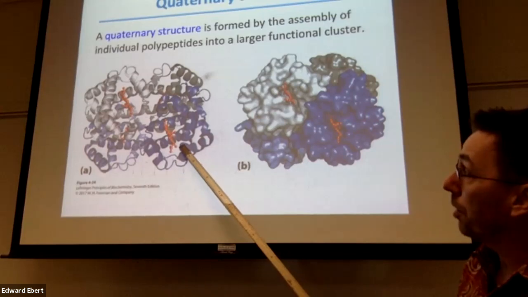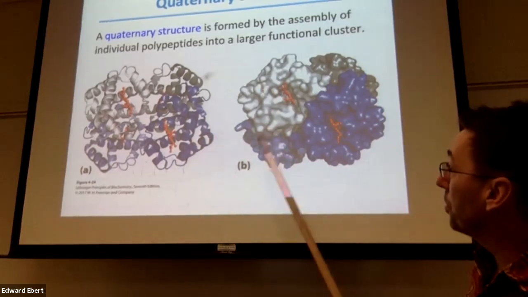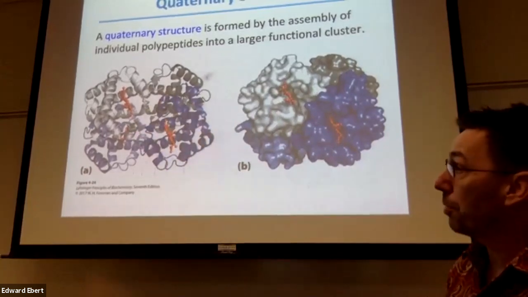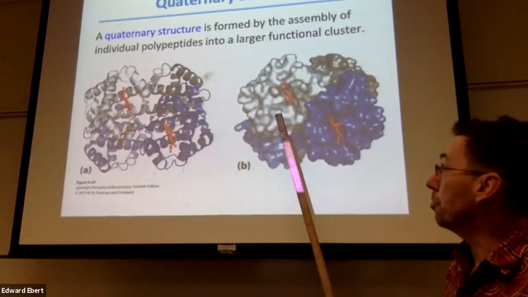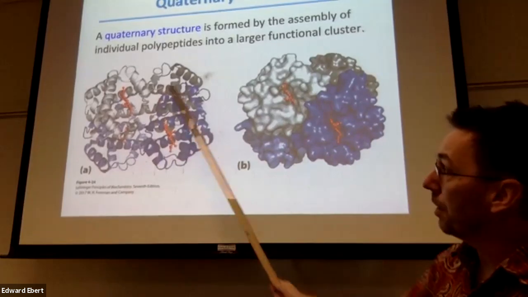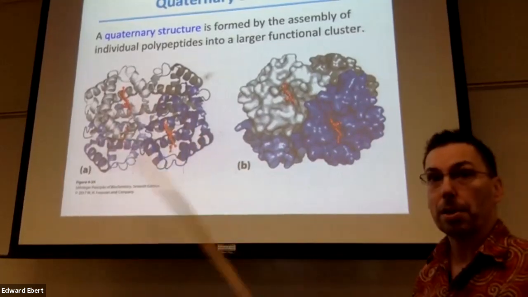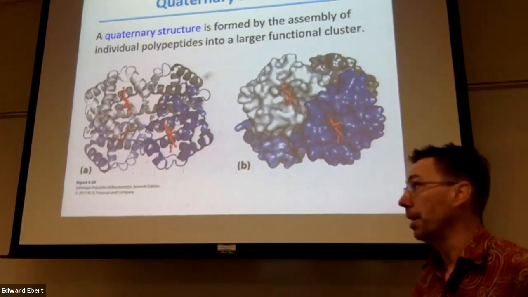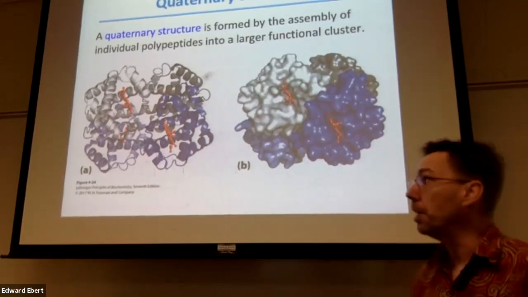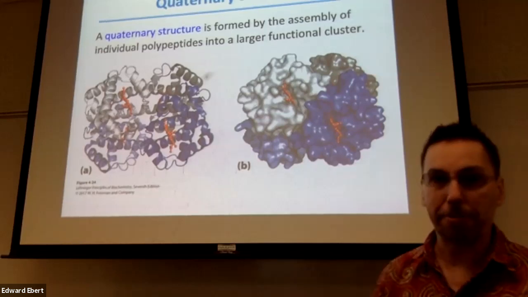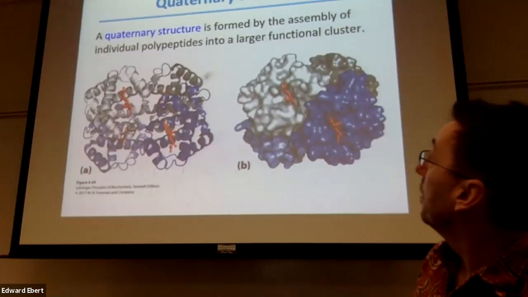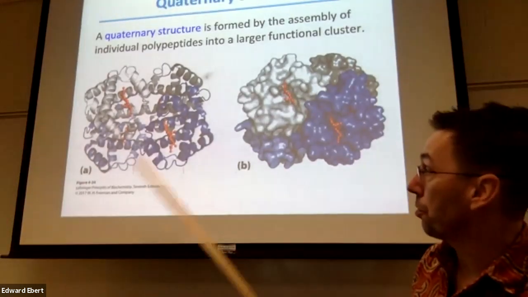Quaternary structure is if we have multiple subunits, like in this case we have hemoglobin, with these 4 hemoglobin subunits, usually 2 alphas and 2 betas, and the 4 of them come together to make this overall structure. So if we have more than one peptide as part of our protein, then we will have a quaternary structure. This is our large functional cluster here.